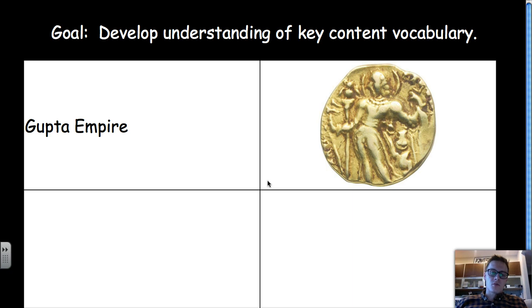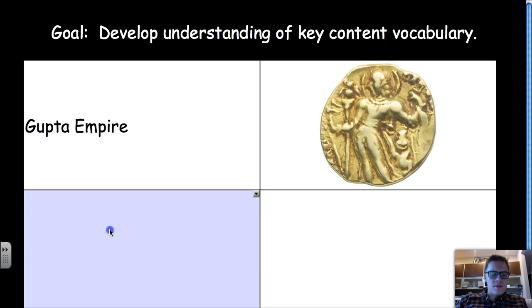So several hundred years ago, they were an empire in the northern portion of India, and they thrived. They did really well, and one of the things they did really well was trading. And here we have a coin, and the coin would have been used for purchasing, exchanging items, goods, services. They built a lot of roads so that they had trade with their neighbors.